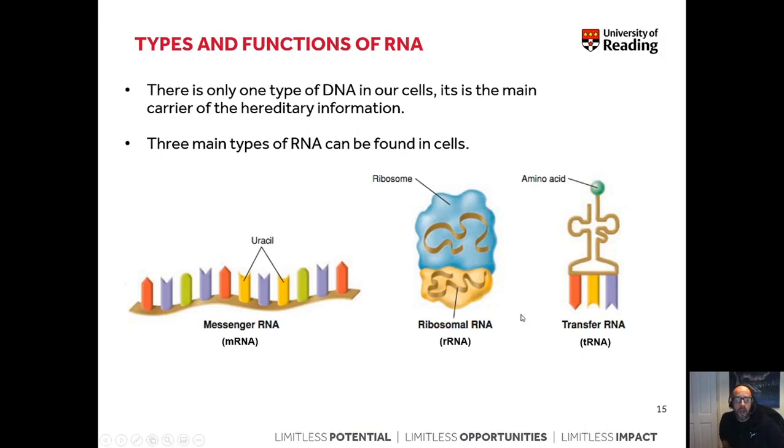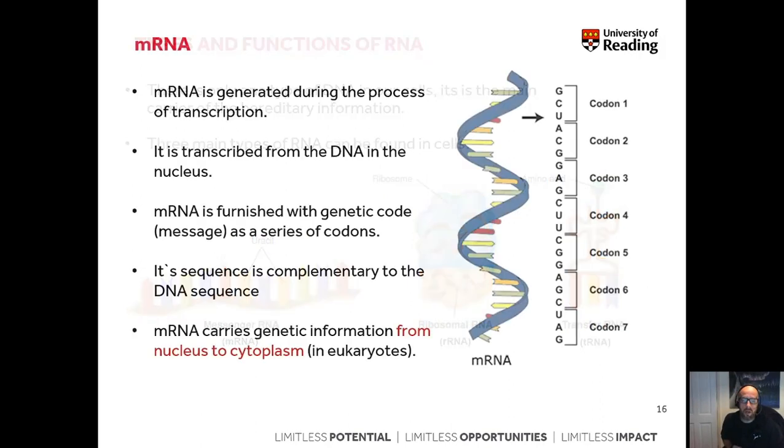The second type of RNA present in our cells are the ribosomal RNAs, short rRNAs, and together with transfer RNAs, those two types of RNAs play an important role in protein biosynthesis. And we will look at this process in our lectures next week.